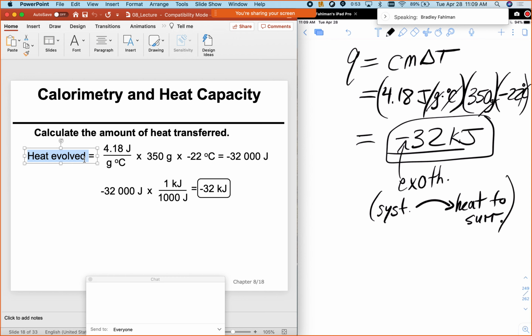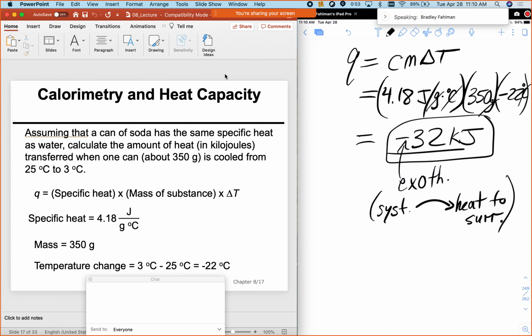That's what that negative sign means. If it's positive, that means the system, in this case a can of Coke or something, is absorbing heat from the surroundings. So that's a simple variety where you just have one system, and it's either absorbing or releasing heat.